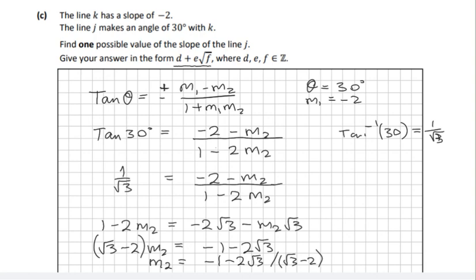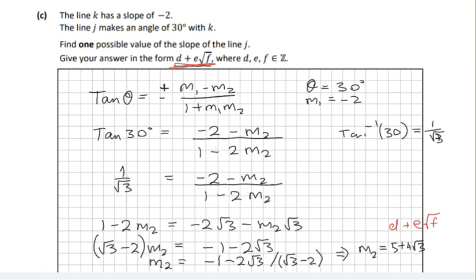So put it into your calculator and we will get a result for m2, which is 5 plus 4 root 3. And that's perfect as it's in the format of d plus e square root of f.